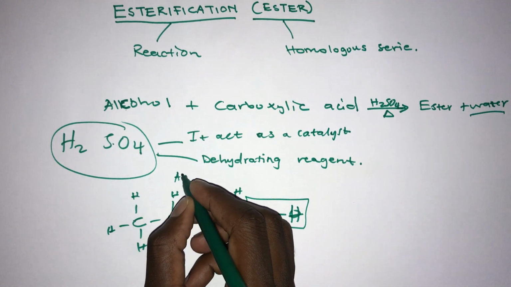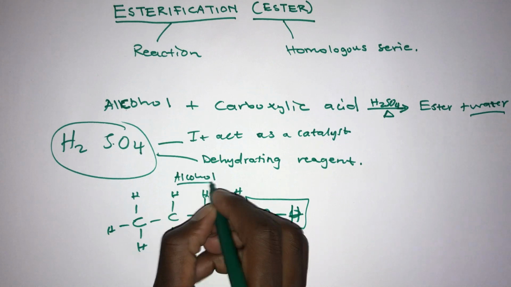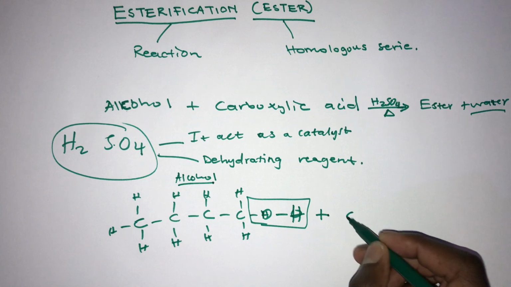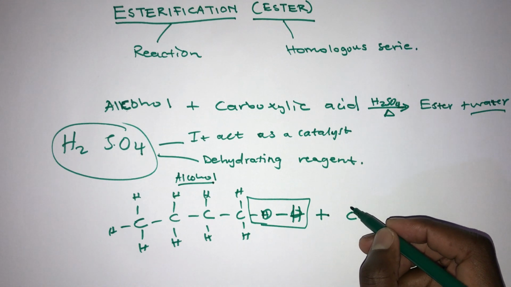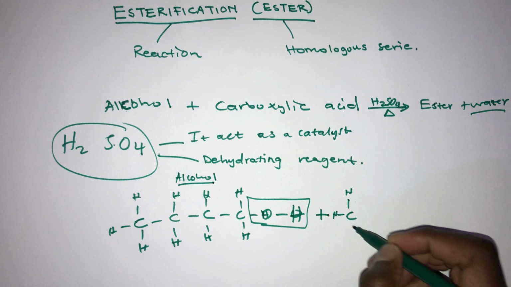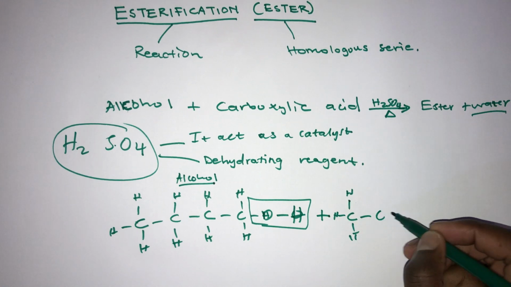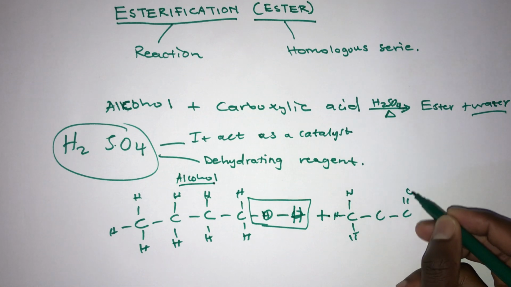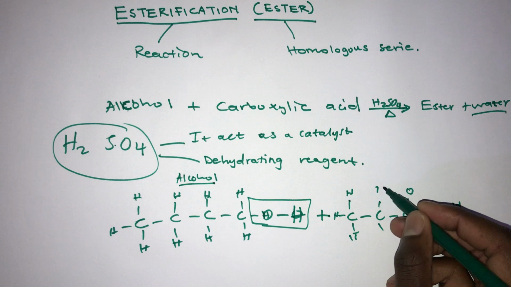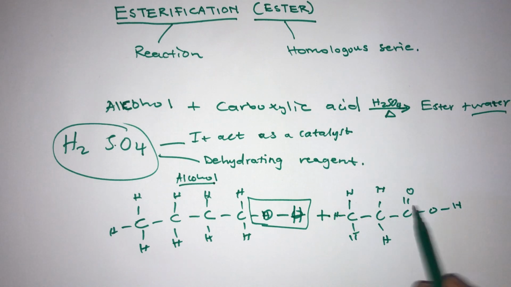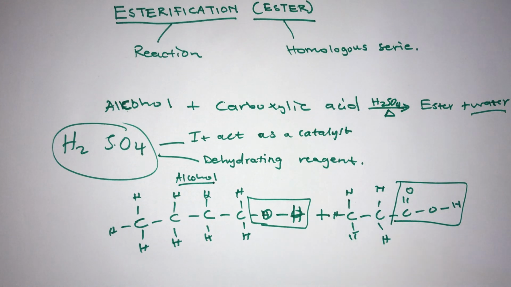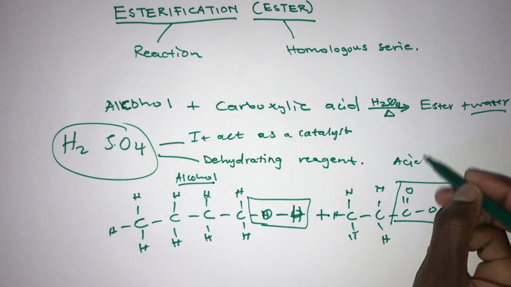And then plus, let's have this one. Which homologous series does this one belong under? You check the functional group. This one is a carboxylic acid, so you can say it's an acid.